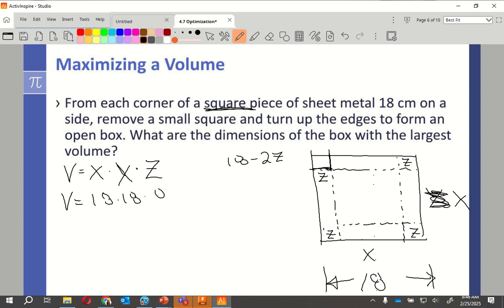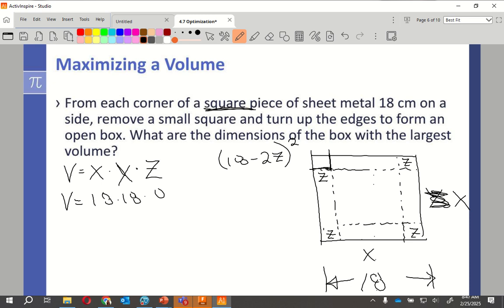So if it's the same thing, isn't that squared? Yep. And now from there, what is the height going to be? As I fold this up... you mean the height of the folded box? Yes. It's just going to be z, right?